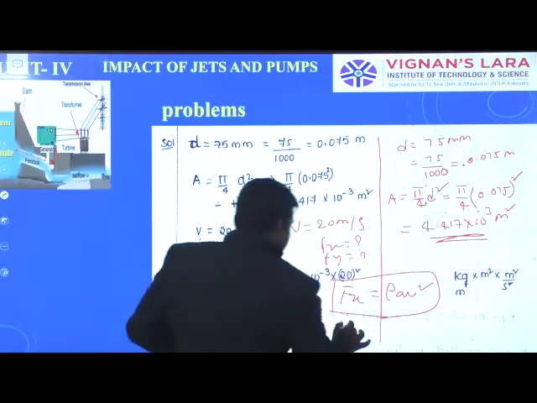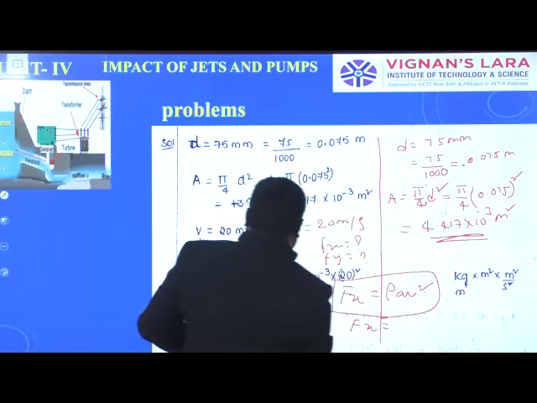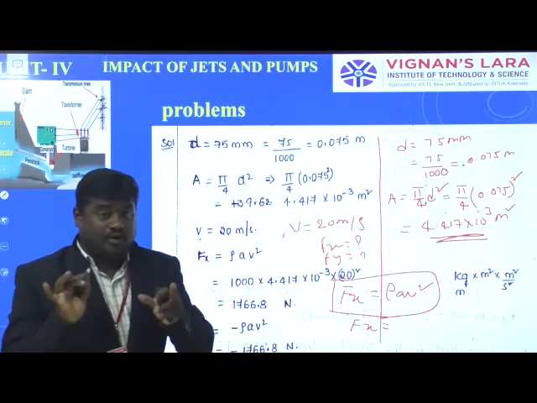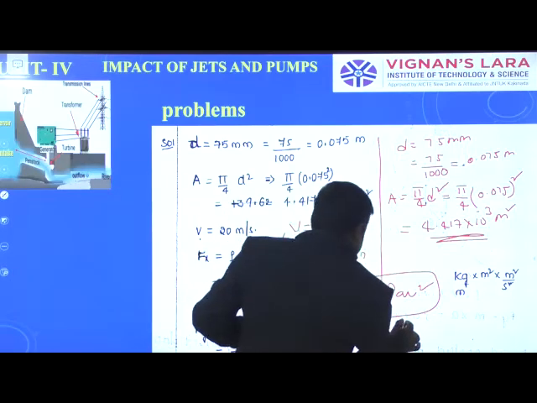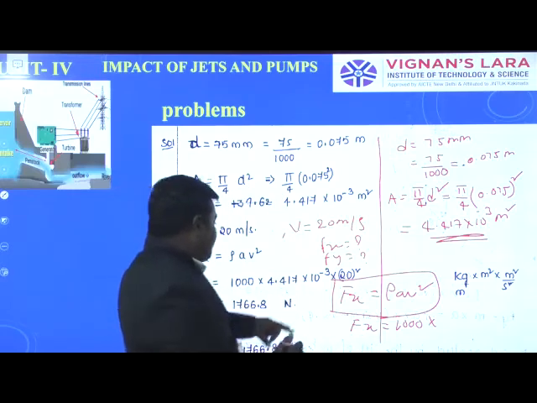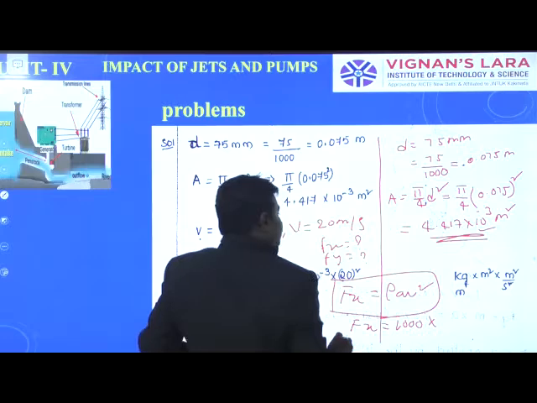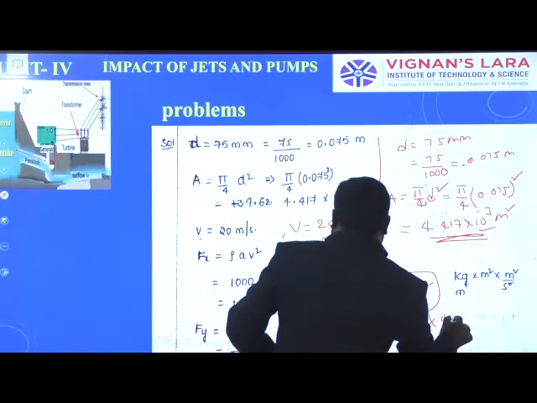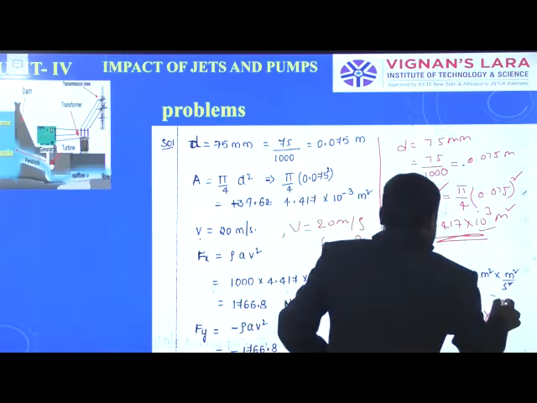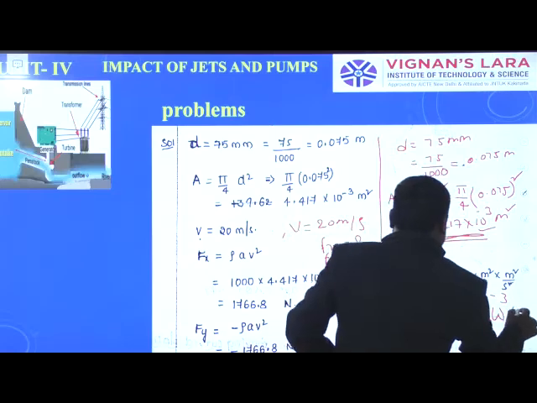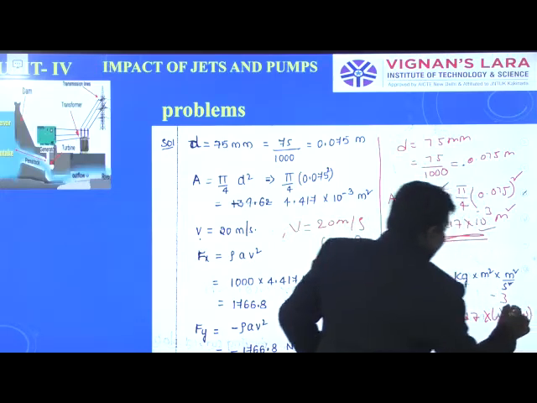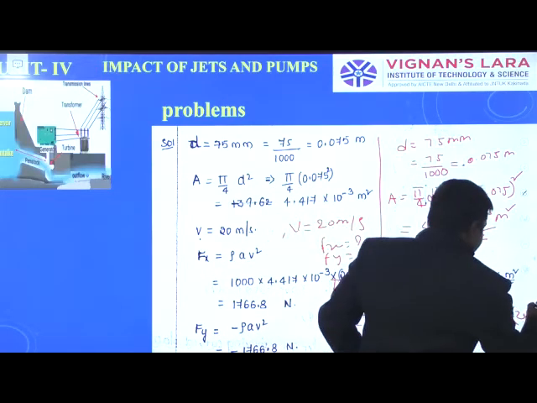Then we solve: Fx equal to rho, the density of water, which is the constant value 1000, into the area we already found, 4.417 into 10 to the power of minus 3, into velocity, which is 20 meter per second, squared.